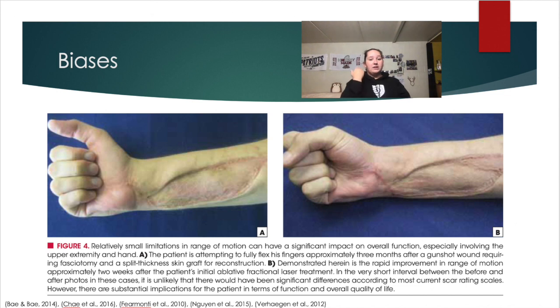And the scar itself visually, you can't see that much difference. So it would actually score the same on a Manchester Scar Scale. But because it doesn't take into consideration the functional impairment or impact of the scar and the wound, the score doesn't change. So that's a big criticism of this scale.